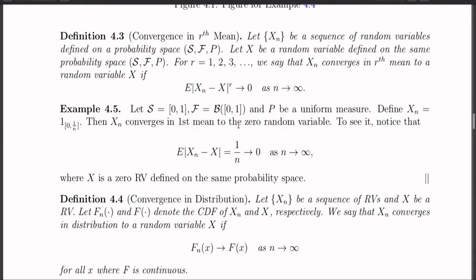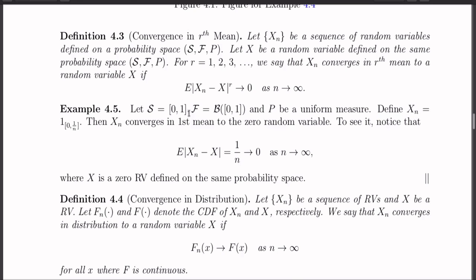In fact, if you have a power R here, the scenario will not change. The expectation still remains 1 by n. So for any R in the set of natural numbers, the sequence Xn converges to 0 in Rth mean.